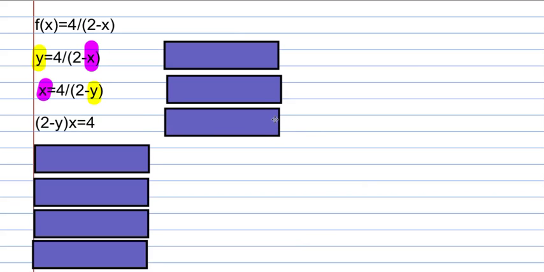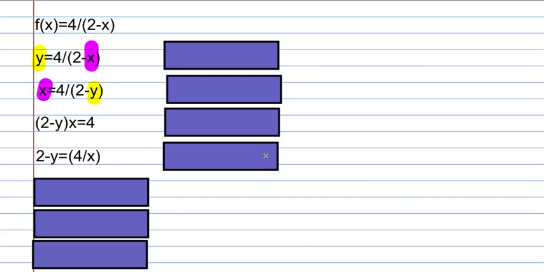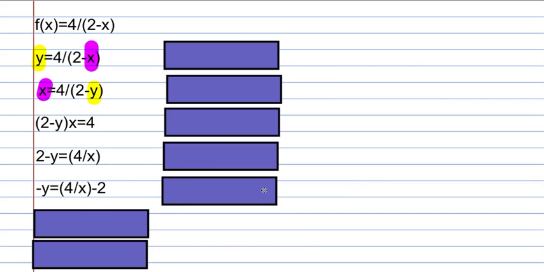We begin with multiplying both sides by 2 minus y. Our next step is to divide both sides by x. And then we simply subtract 2 from both sides.